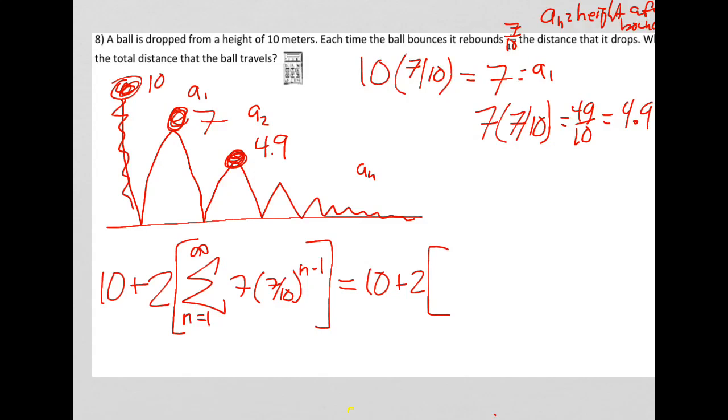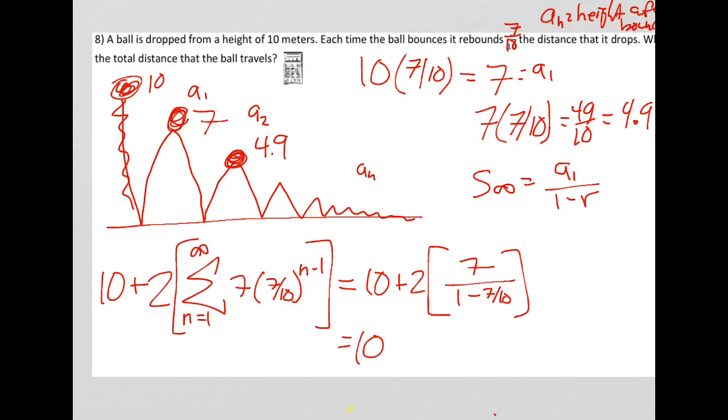So what is my formula? Well, my formula is the infinite sum equals first term divided by 1 minus my ratio. Well, my first term is 7 divided by 1 minus my ratio, 7/10. So let's continue to simplify this. 10 plus 2 times 7 over 1 minus 7/10 is 3/10 right there.